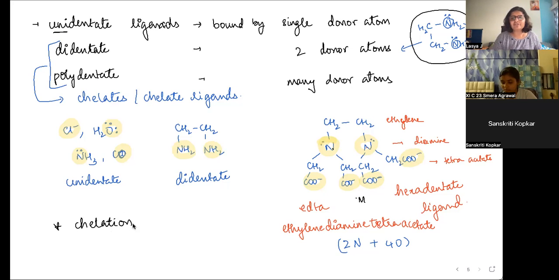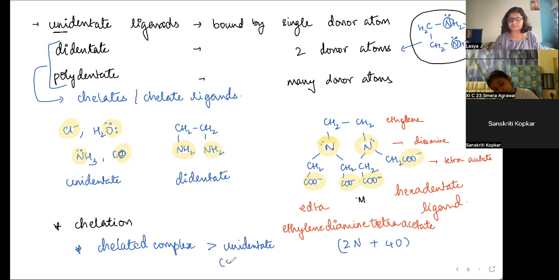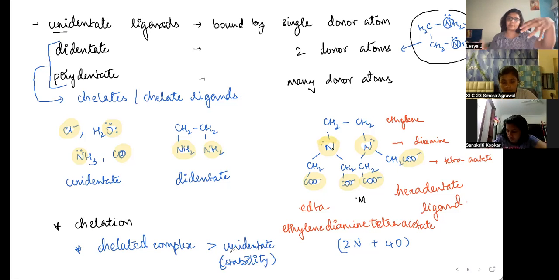So why do we have a special term for this? Chelated complexes are more stable than unidentate ligands. Because there's sort of a symmetry being formed and the metal atom is being held from multiple sides, right?